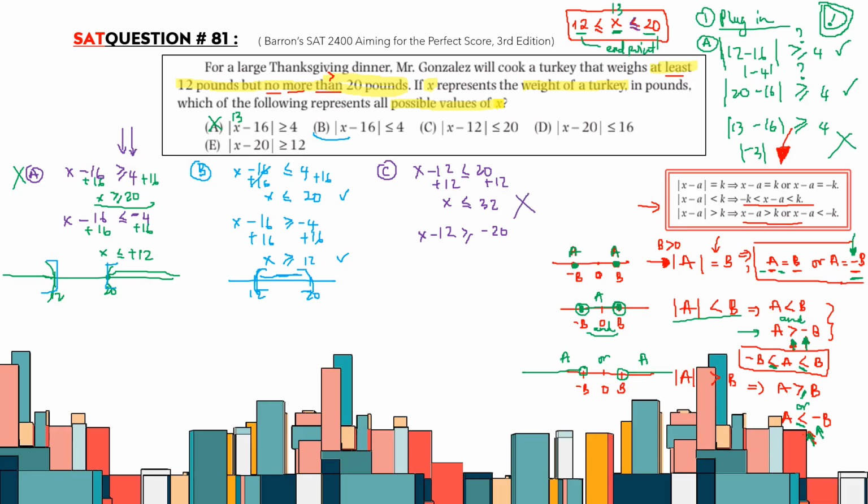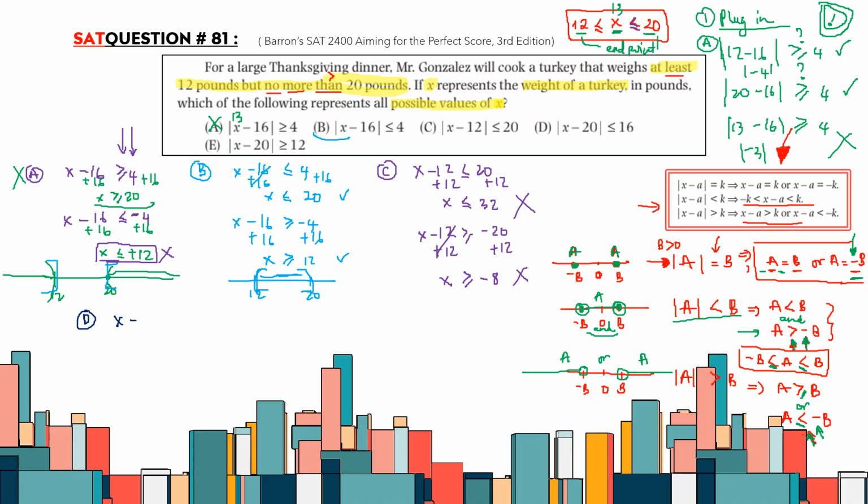So this one we can stop right there, because it's just a less than and our minimum is 12. We cannot have something less than 12. If we try to plug in and solve it, it's okay too. At 12, we have x greater than or equal to negative 8. It's no, right? So the next one is D.